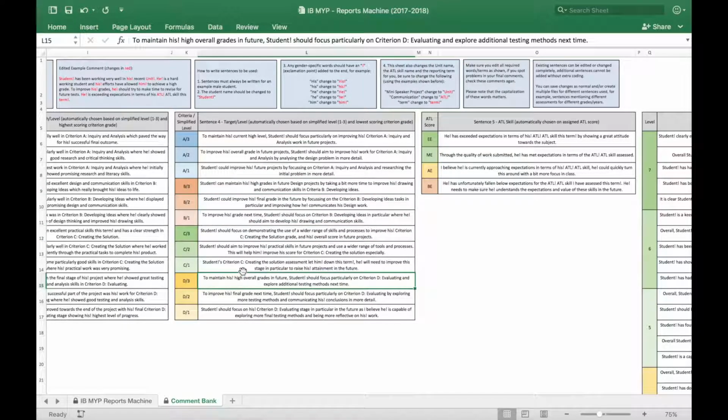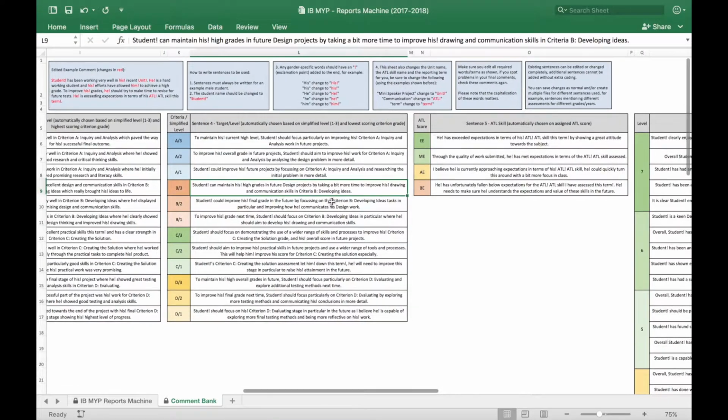So the only thing I really change is I say that not to improve his final grade, but to maintain his final grade. So if he's already at the top, surely the main thing you should do is to try and maintain it. And maybe next time you know that it's going to be more difficult in criterion B, for example, so a student can maintain his high grade in the future by taking a bit more time to improve his drawing and so on.